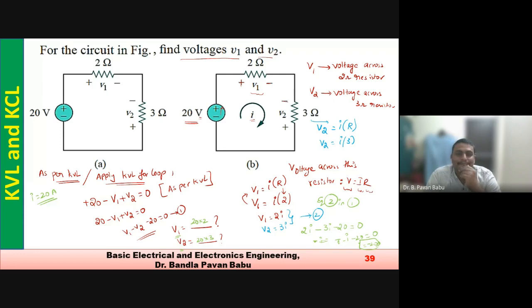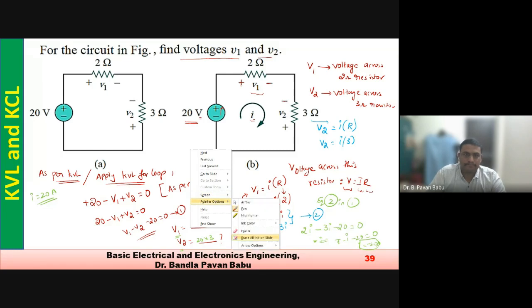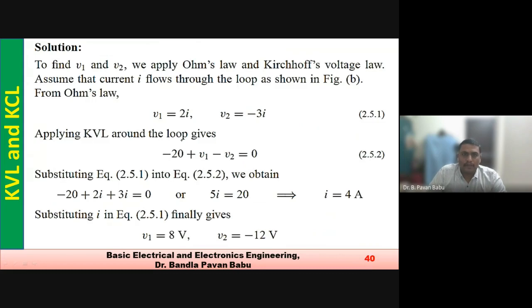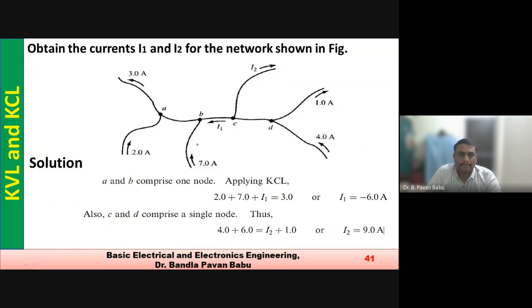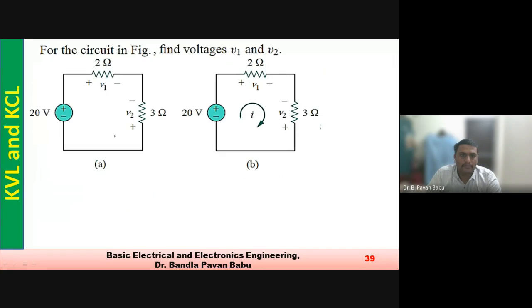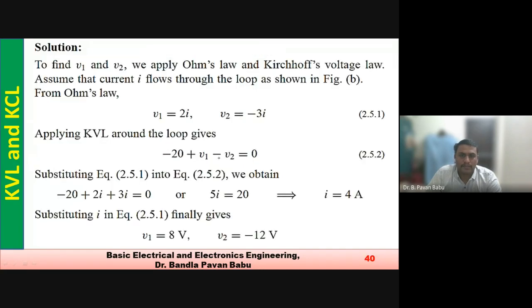No. Let me solve it again. So V1 equal to 2I, so V2 equal to minus 3I. So it is minus 20. No. So it has to start with plus 20 minus V1 plus V2. It is also fine.